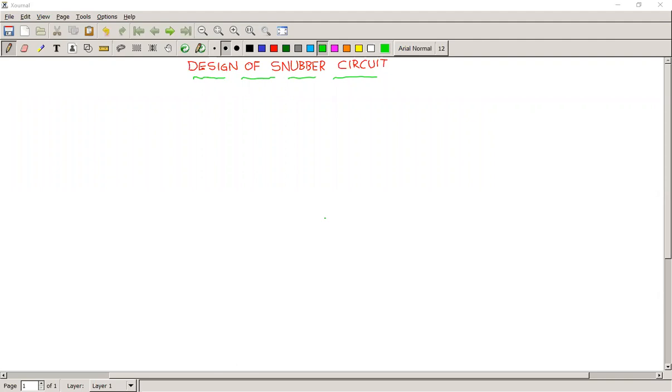Welcome to the class on the design of snubber circuit for the SCR. Before going to study the design of a snubber circuit, we are going to see what the different protections are that are required for the SCR practically.